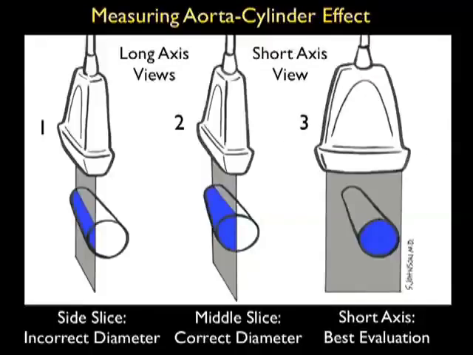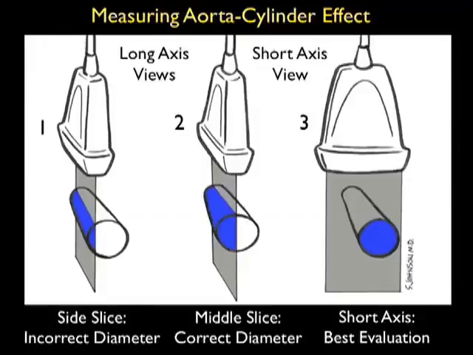This next illustration makes the point that choosing the correct probe orientation is very important in getting a correct measurement of the aorta due to the cylinder effect. Let's look at the two long-axis views of the probe along the aorta, as shown towards the left of the image. Beginning in probe position 1, we see a side slice in which the probe is positioned towards the side of the aorta and underestimating the true diameter of the aortic lumen.